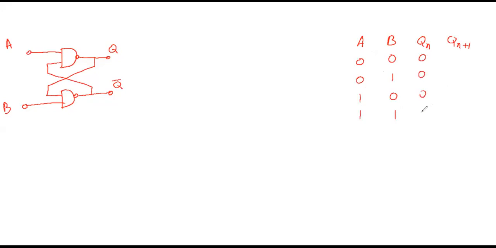Can you remember this? Yes, sir. Okay. So for 0, 0, what happened? Both the outputs became 1. For 0, 0, both the outputs become 1. That's why I was not considering this one. Okay, leave it for some time.